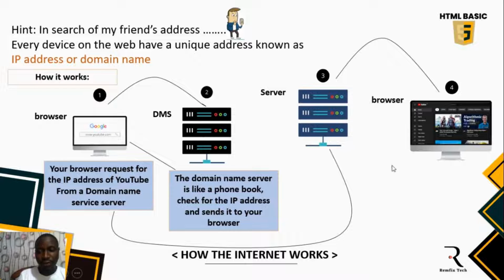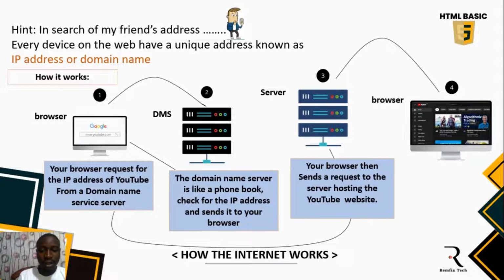And now you see the website displayed on your computer. So this is the basic process of how the browser works. Your browser sends the request to the server hosting the YouTube website.